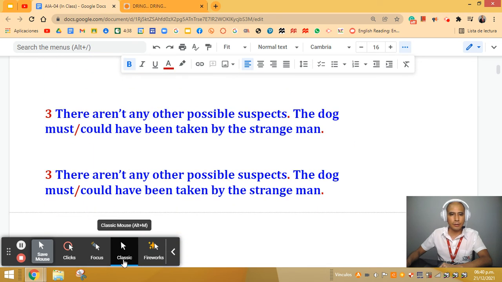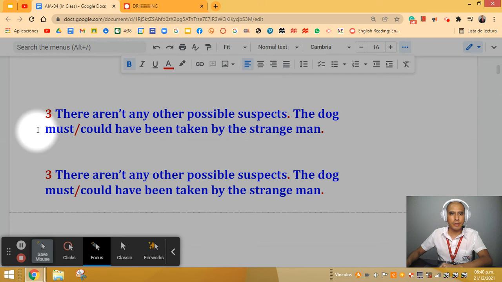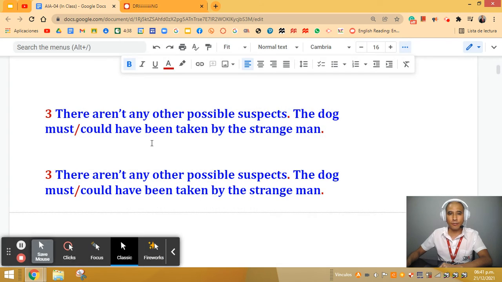Example number three. Let's analyze it. Let's read together. It says there aren't any other possible suspects. The dog, option number one, must. Option number two, could have been taken by the strange man. Okay, so what do I do in this case? I have to find the keywords. Let me highlight them. There aren't any other possible suspects.